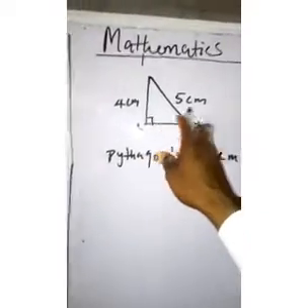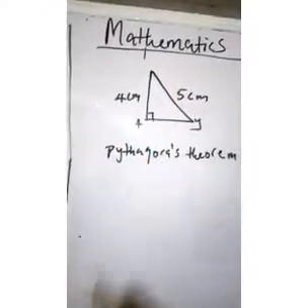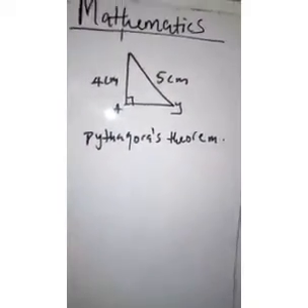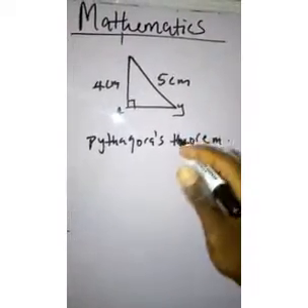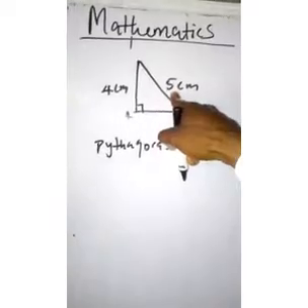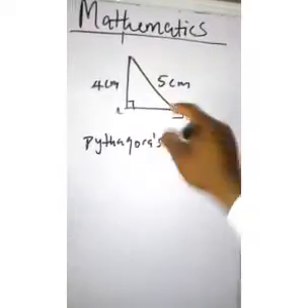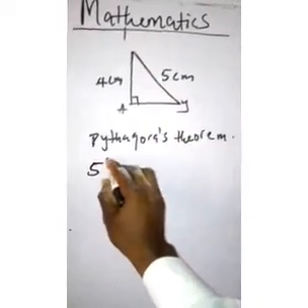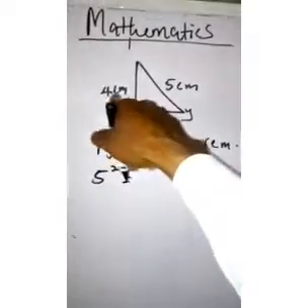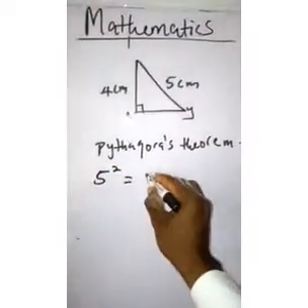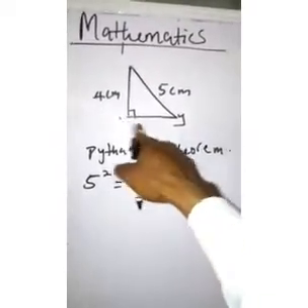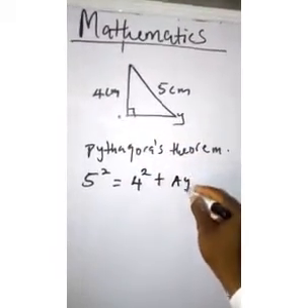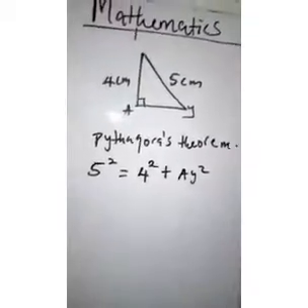That is another solution apart from SOHCAHTOA. Now what does it state? It states that the square of the longest side, 5 square, is equal to the summation of the squares of the other 2 sides. So 5 square is equal to 4 square plus AY squared. That is what Pythagoras says.